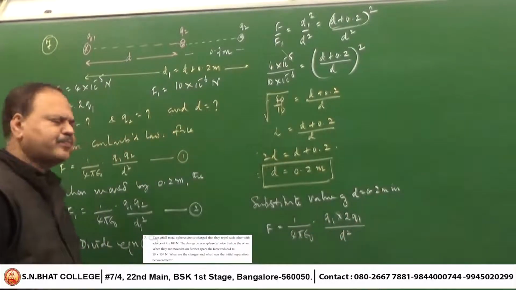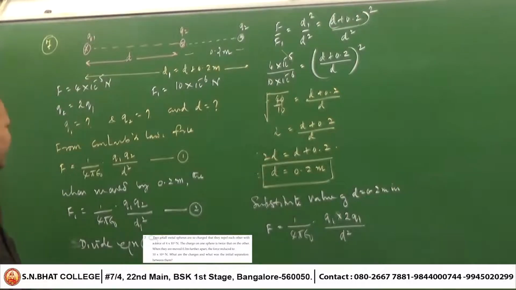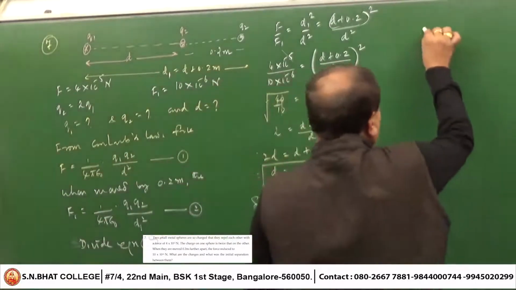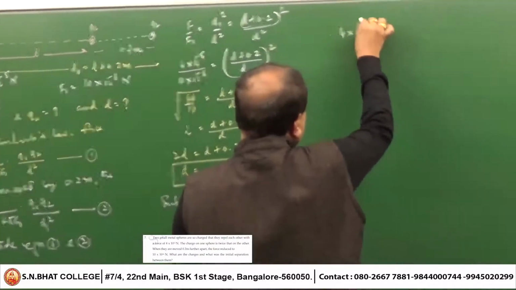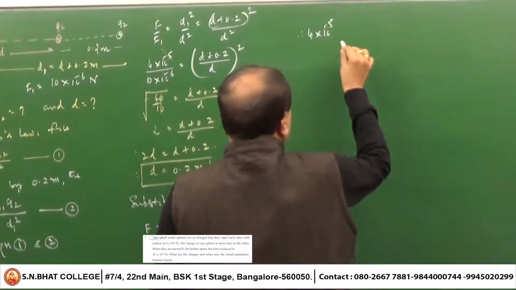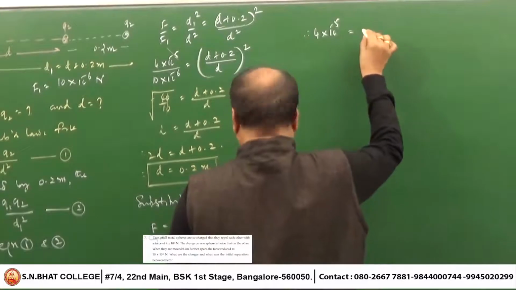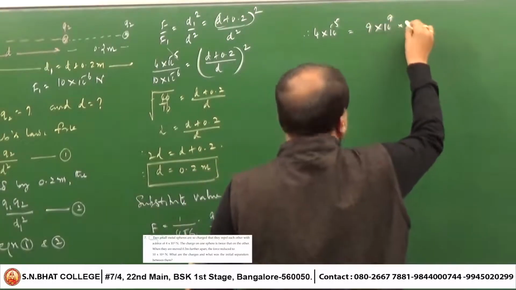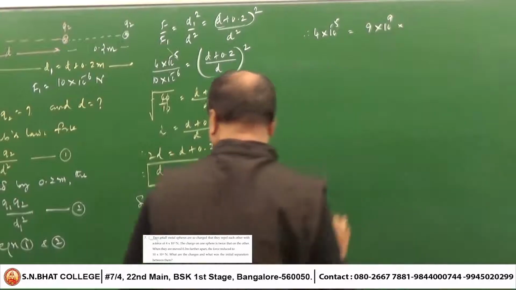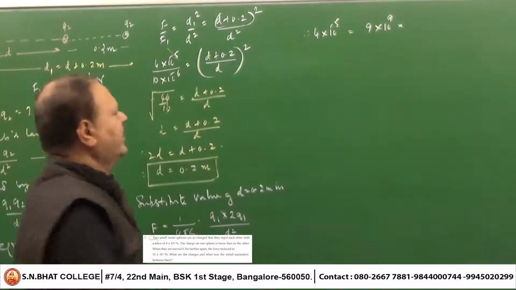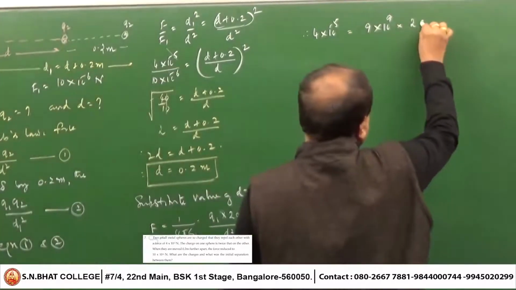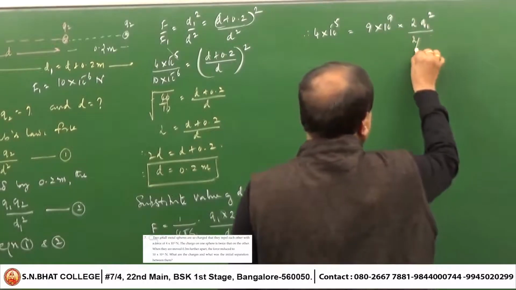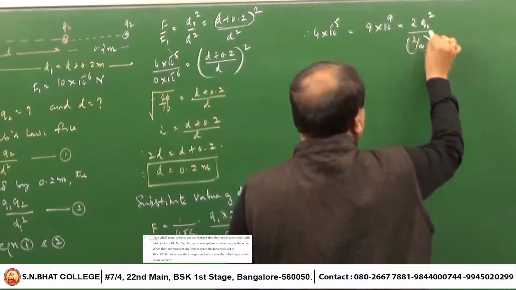You know everything, you know the value of F. So your F is equal to 4 into 10 to the power of minus 5, and that's equal to the value of 9 into 10 to the power of 9 into 2 Q1 square, whole divided by D square, where D as you have calculated is 0.2, which can be written as 2 by 10.